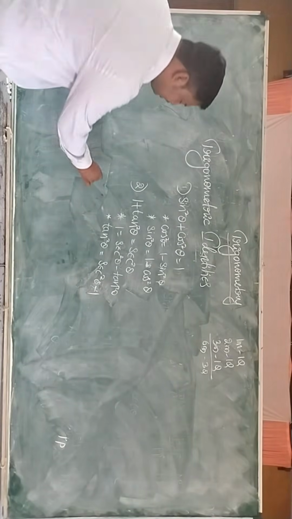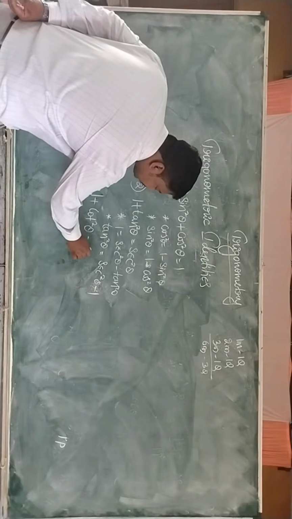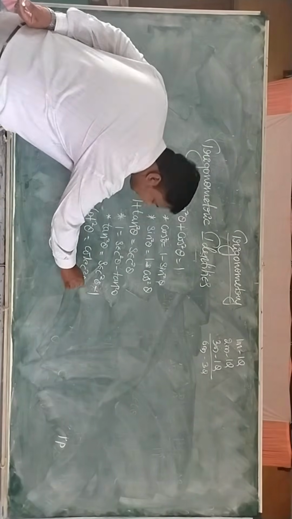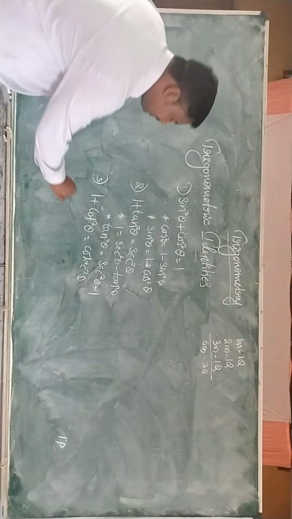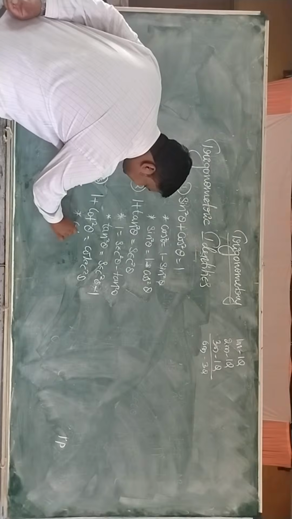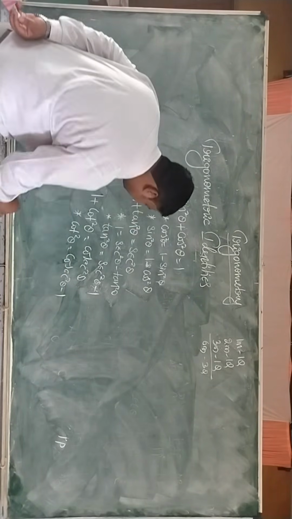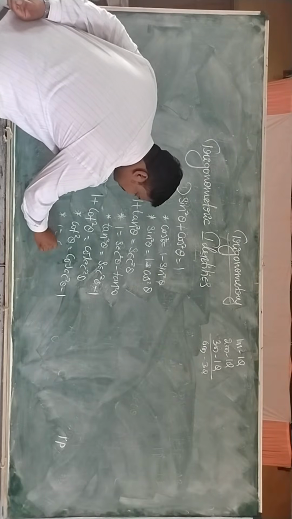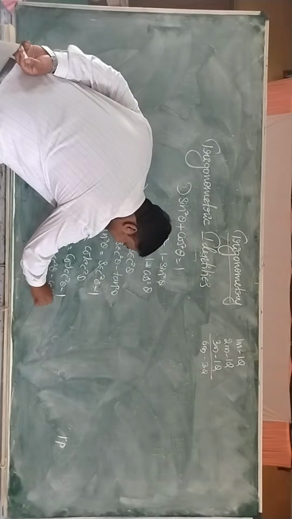And the third one, 1 plus cot square theta is equal to cosec square theta. So sub identity, cot square theta is equal to cosec square theta minus 1, or 1 is equal to cosec square theta minus cot square theta.